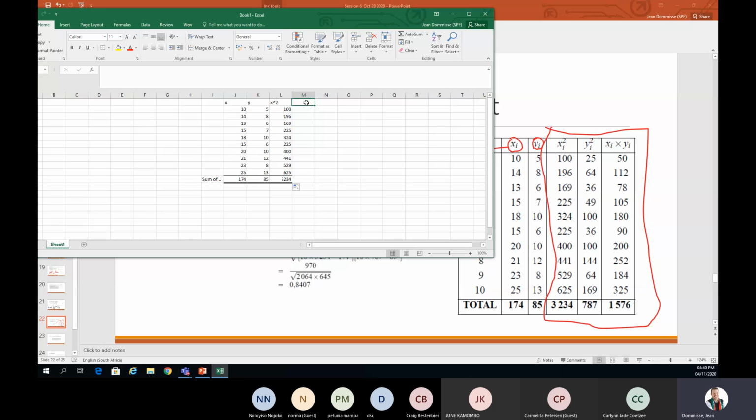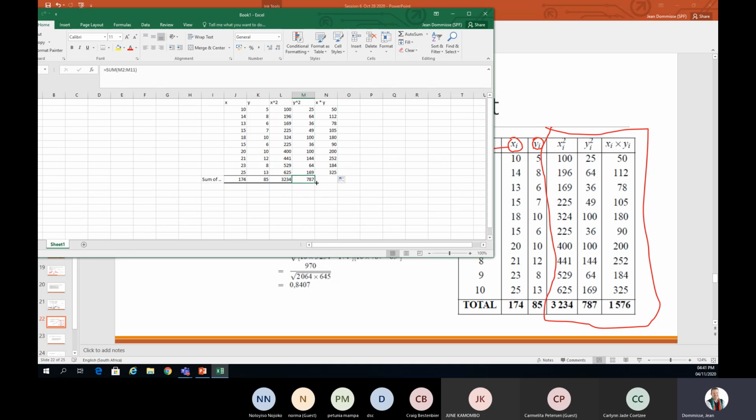So if I needed to do the y, it basically does the 5 to the power of 2, copy it to the bottom, and if I then do the sum across, I also get that. And then the other formula was the x times y, so that I could have done as well.